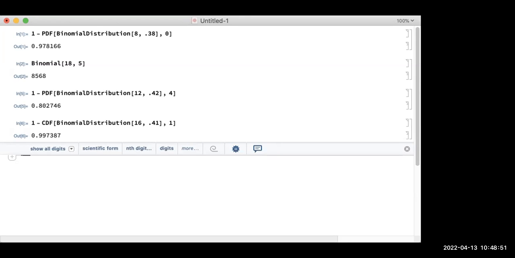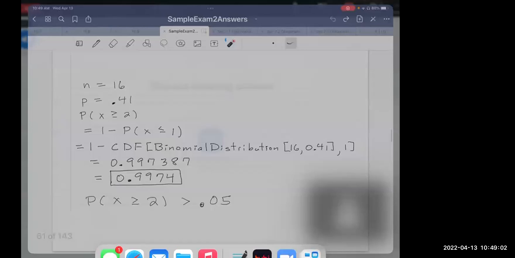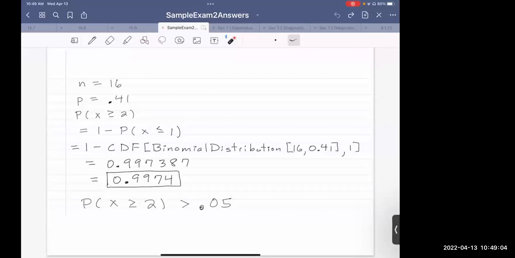Let me type that into my iPad. And so I have 0.997387, rounding to the nearest 10 thousandths, I have 0.9974.